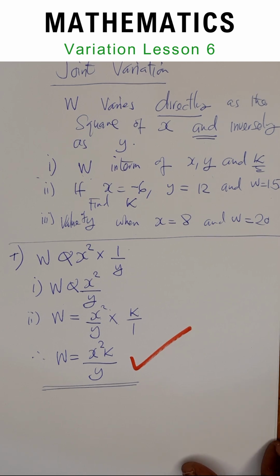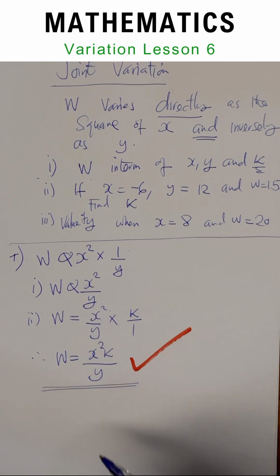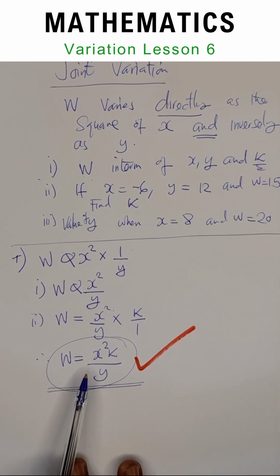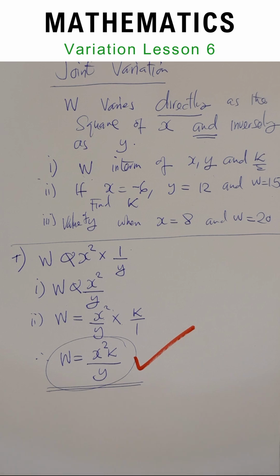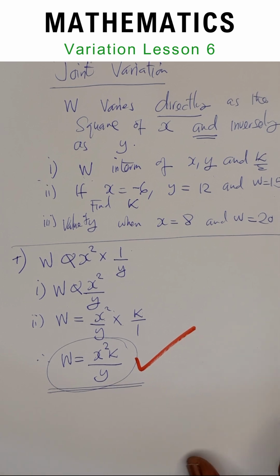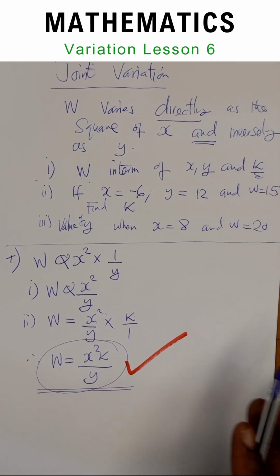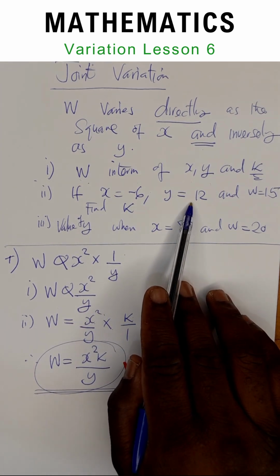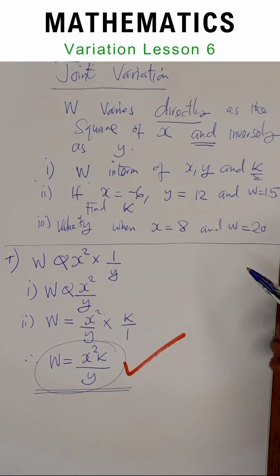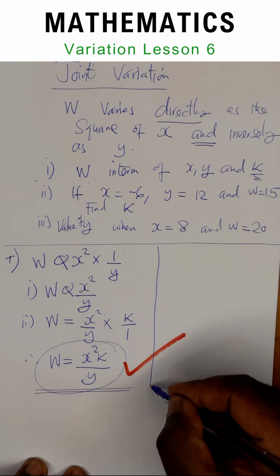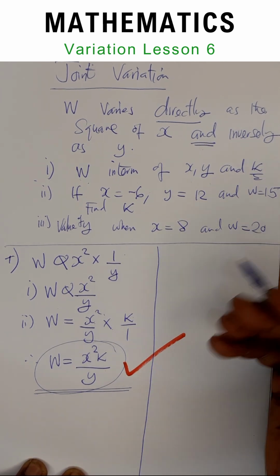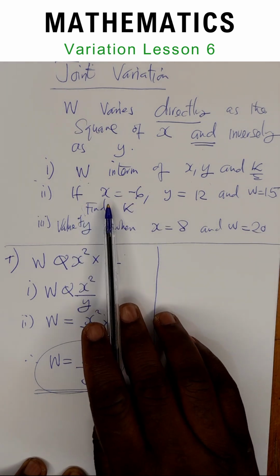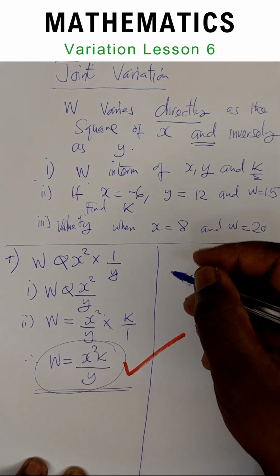The next stage we go to, this is an equation of variation, or the equation connecting whatever the joint variation we are having. So we go to number 2, where they are saying if x is equal to -6, y is equal to 12, and W is equal to 15. Anyway, this is not good practice when you're writing for the exam, but you can utilize this place so that we can contrast and compare. So we write the equation.